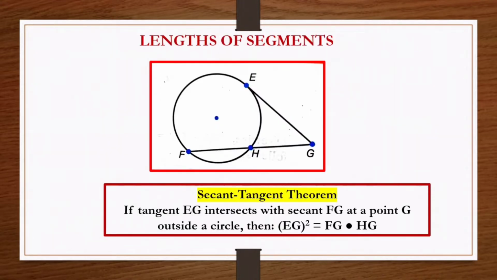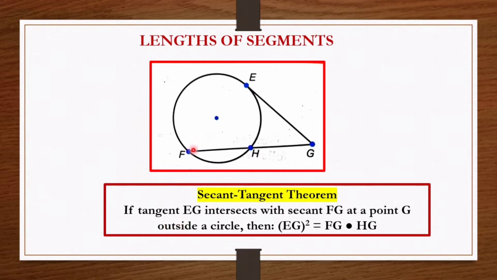Let us now study the power theorems. These are similar to the three cases that we have studied in the theorems about secants of circles. However, the power theorem focuses not on the angles and arcs but on the segments formed by the tangents and the secants. So, generally, these are about lengths of the segments. So first, let us have the secant tangent theorem.